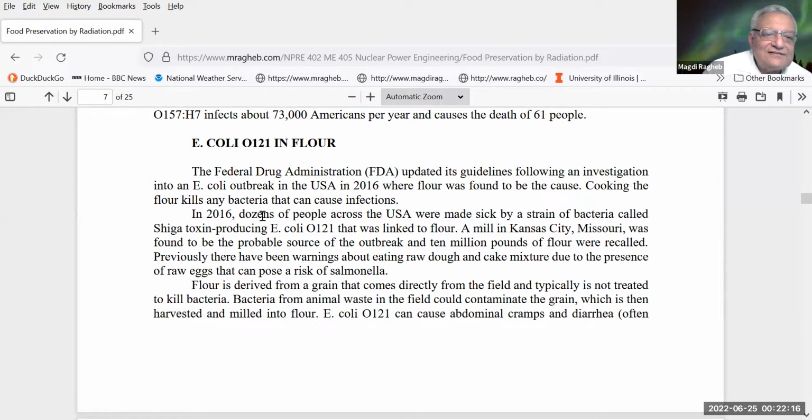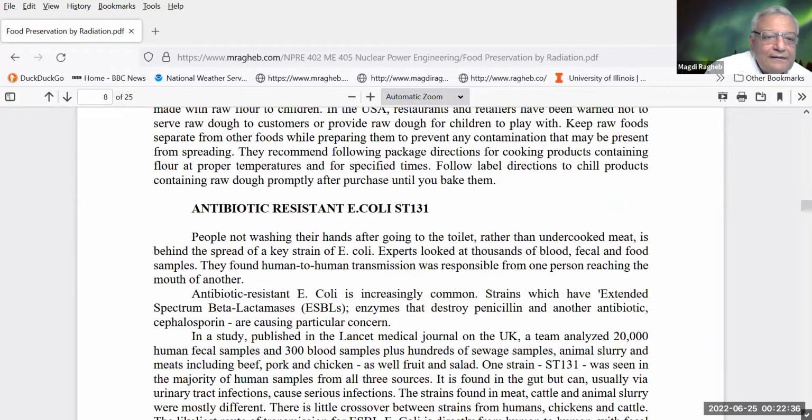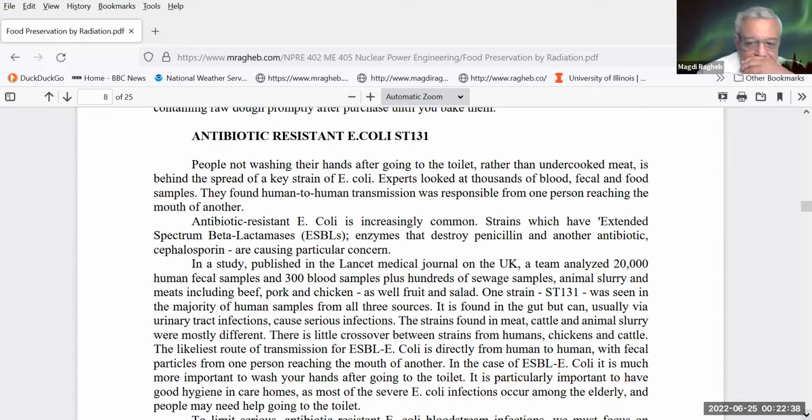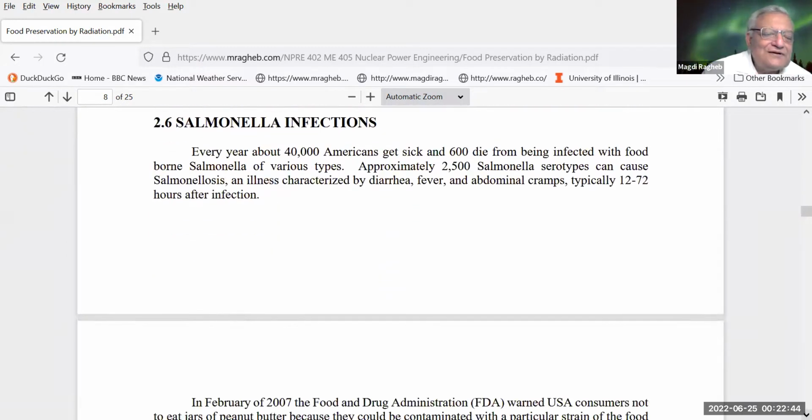And in 2016, many people in the United States were made sick by a strain of bacteria named Shiga toxin-producing E. coli, another version, O121, that was linked to flour. And flour ends up, of course, in pastries. It ends up in bread. And there are other versions of it, ST131. So we are at risk, really. That's what I'm trying to show you here.